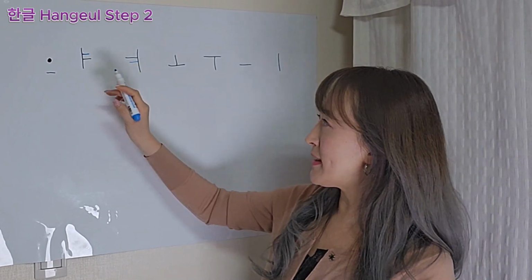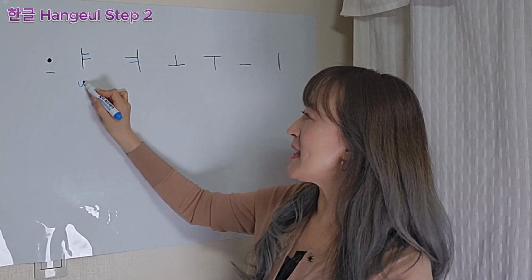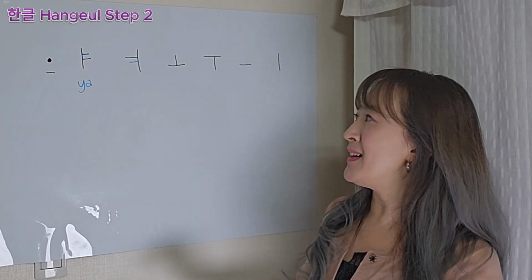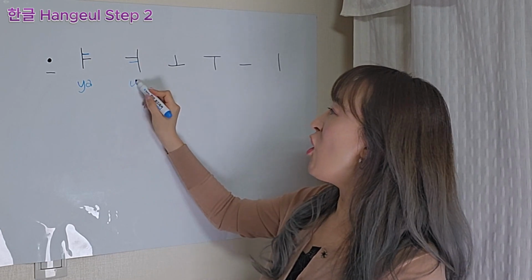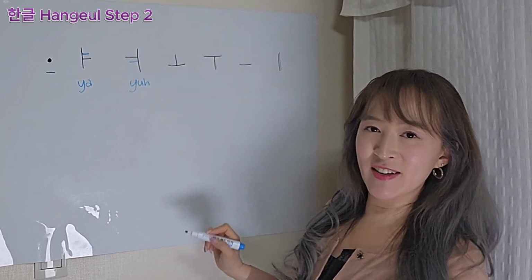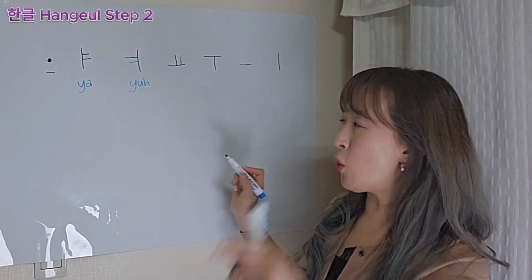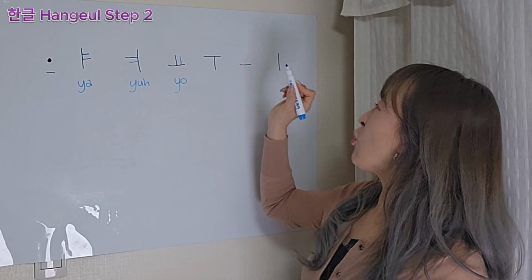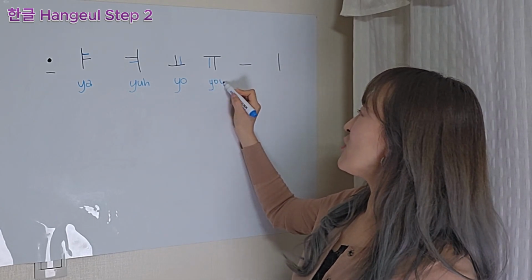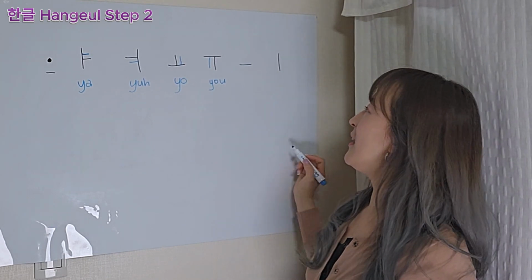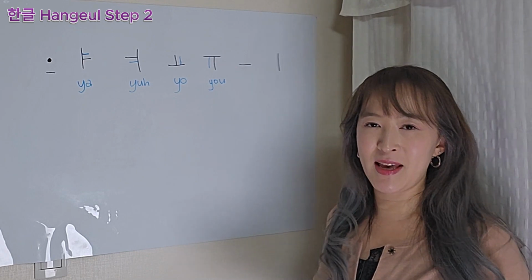Do you notice that by putting another line, we are making like the Y sound? So instead of ah, o, it becomes ya, yo, and you, or let's just write it this way, you, and these 2 will just remain the same.